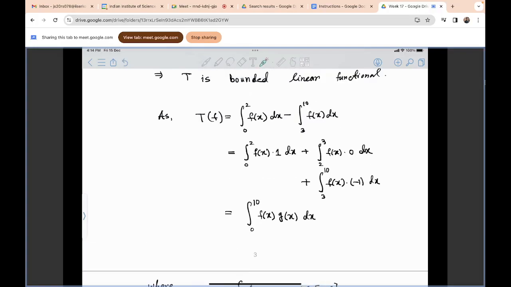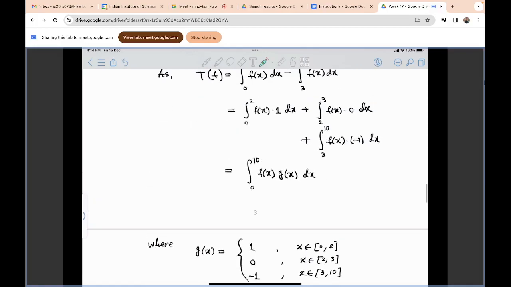So T of f is given by this, therefore the norm of T will be given by the L2 norm of g.